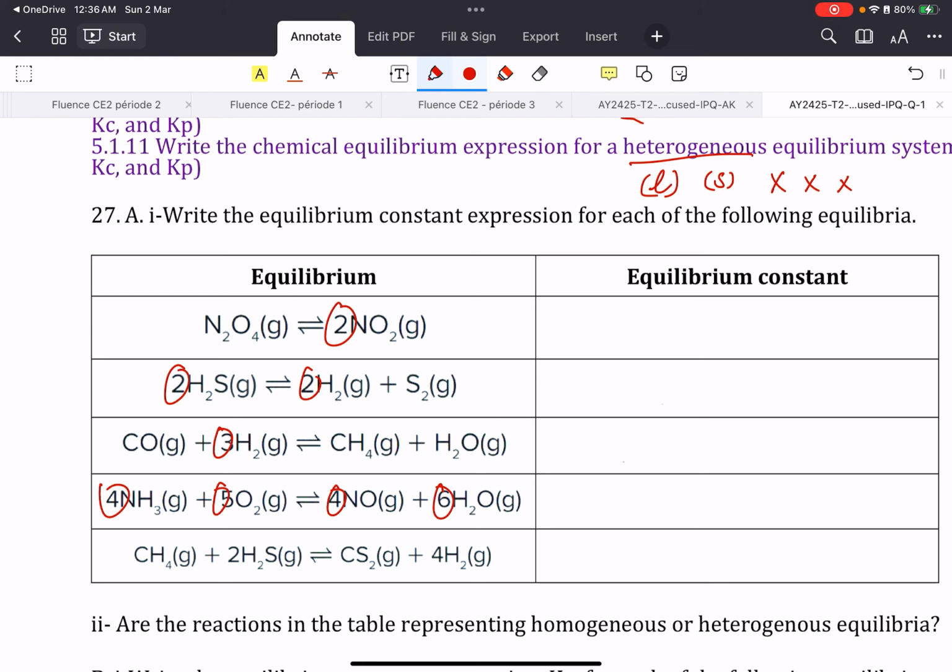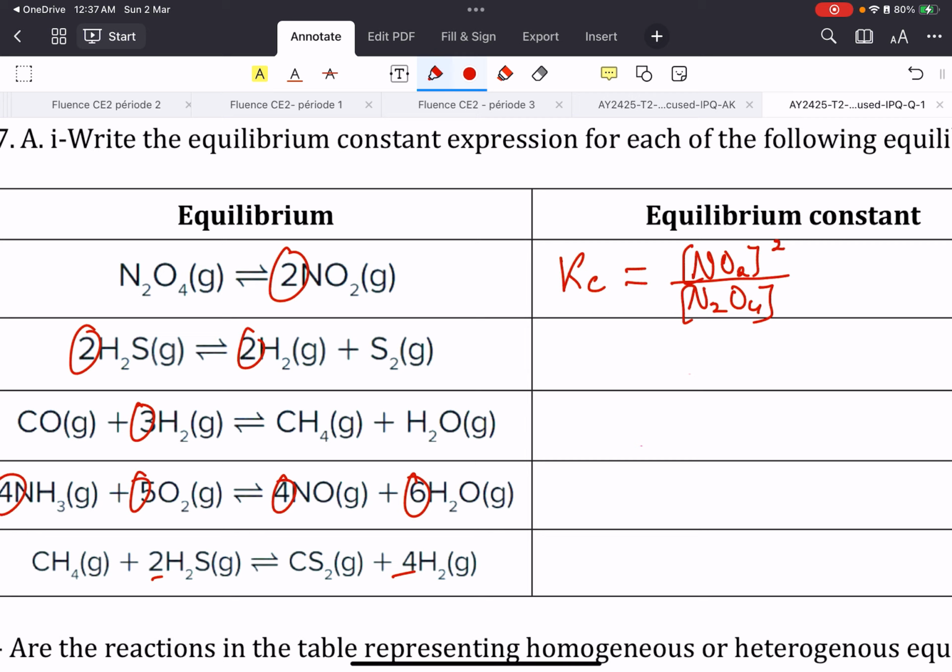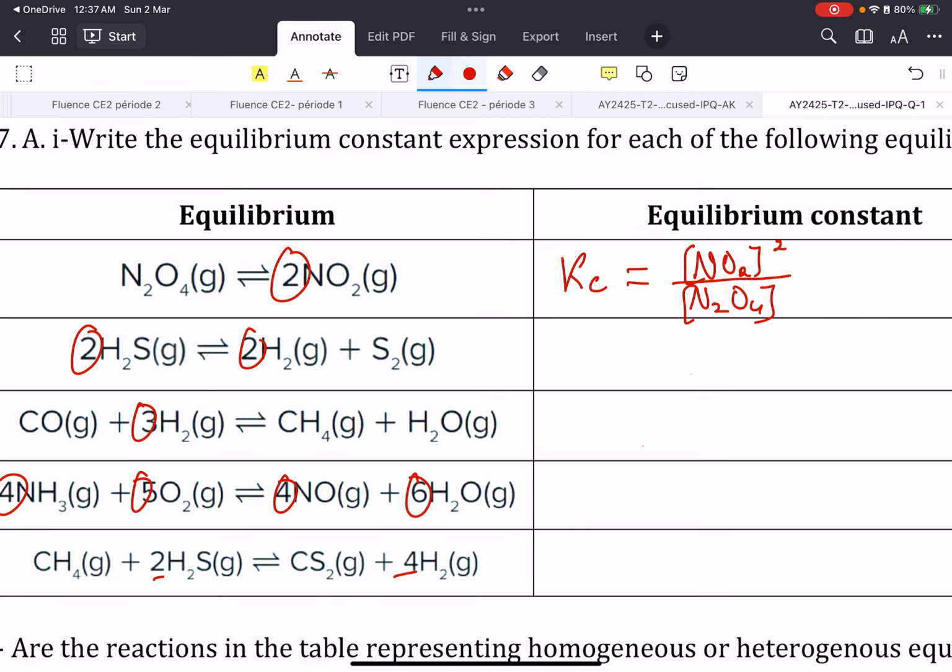It will be to the power of the number. So Kc, or also K equilibrium, is NO2 squared over N2O4. You must place the formula between brackets because these brackets represent concentration. It's the symbol of concentration. Any concentration is represented by this symbol.